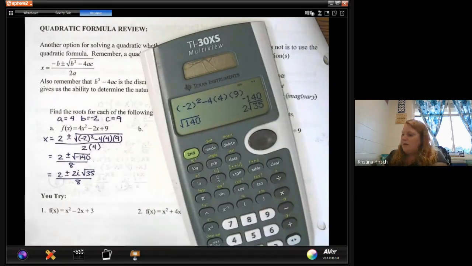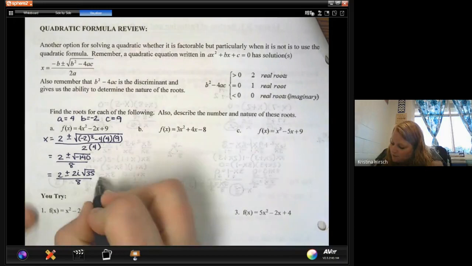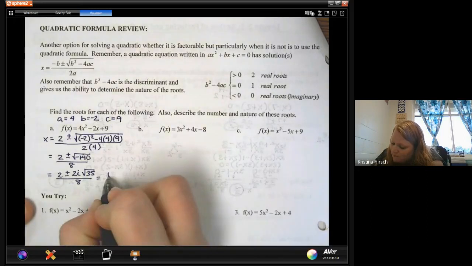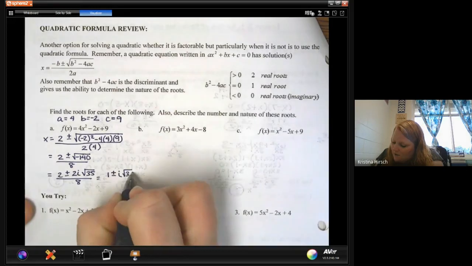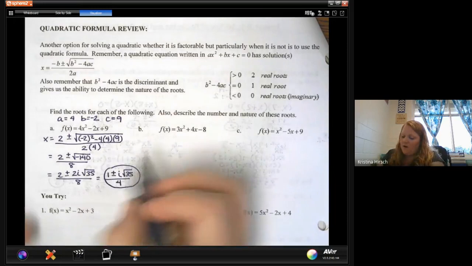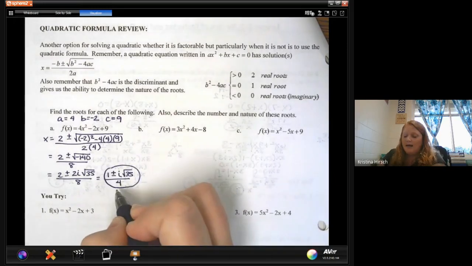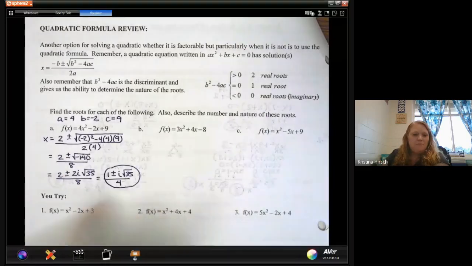And the reason why this one can be simplified is because 2, 2, and 8, all three of those terms are divisible by 2. So when I reduce that, it's going to be 1 plus or minus 1i square roots of 35 over 4. And you could break it apart, where you have 1/4 plus or minus the square root of 35 over 4i. But this is plenty fine.